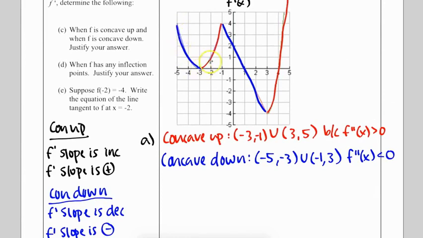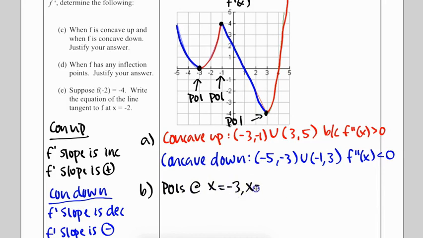We went from decreasing to increasing, so we have an inflection point at -3, point of inflection, if you will. We went from increasing to decreasing here, so we have a point of inflection at -1, and we went from decreasing to increasing, we have a point of inflection at 3. Okay, and because it says to justify our answer, well, we can write basically what we wrote down below.